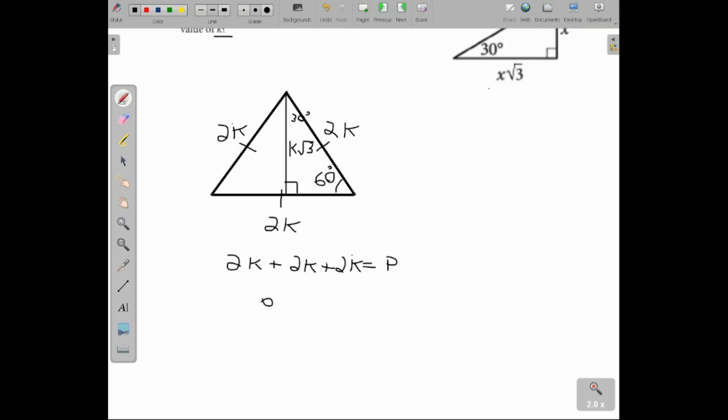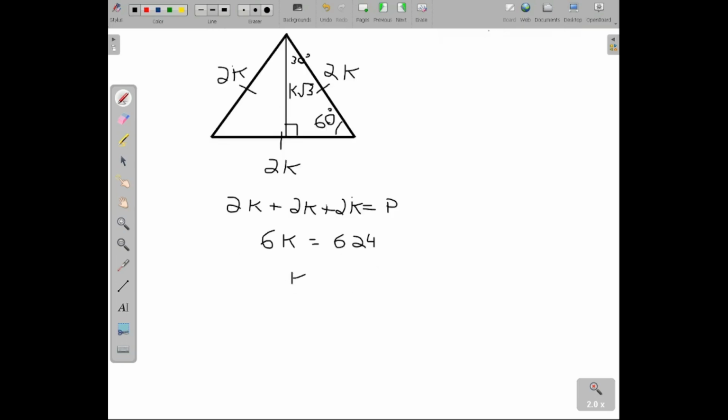So 2 plus 2 plus 2 will be 6k, equal to 624. k will be equal to 624 divided by 6. Finally, k is equal to 104 centimeters.